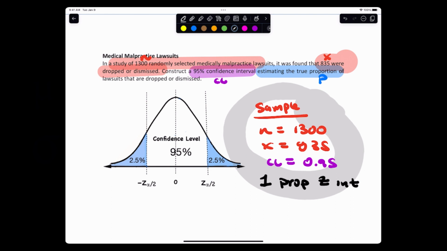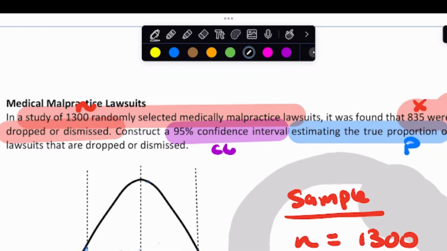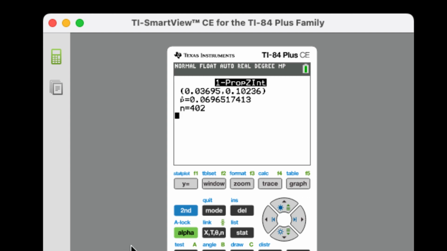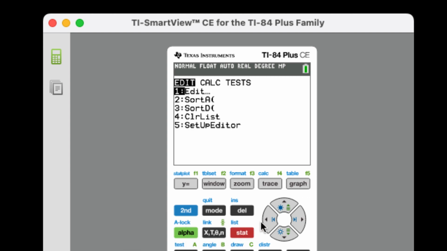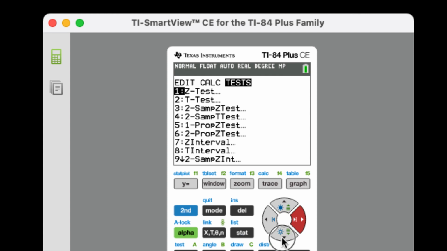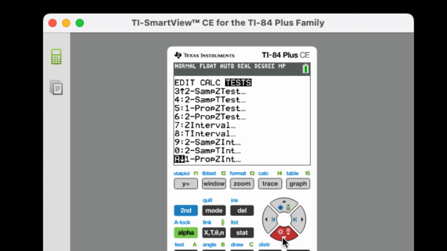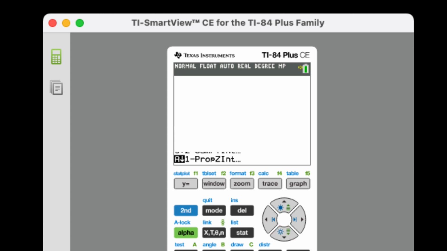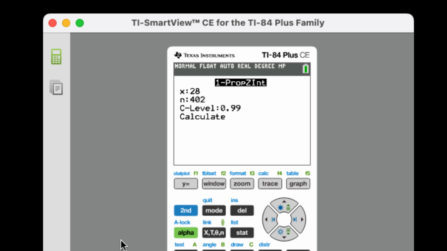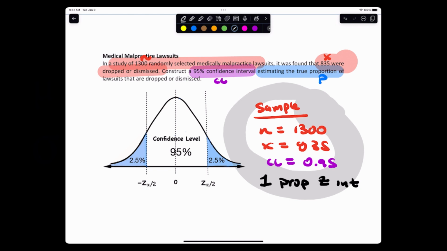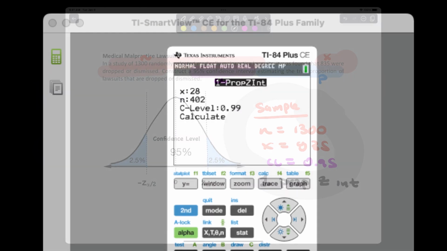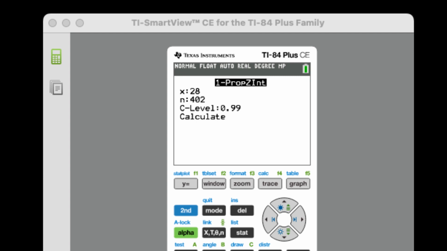And now we get to use the TI. Easy peasy lemon squeezy? Stat, Test. Remember, we got to go all the way down to the letters now. We got to go to A to find one proportion Z interval. Press enter. Now be careful here, because you wrote down N before you wrote down X. What does the calculator say we put first?